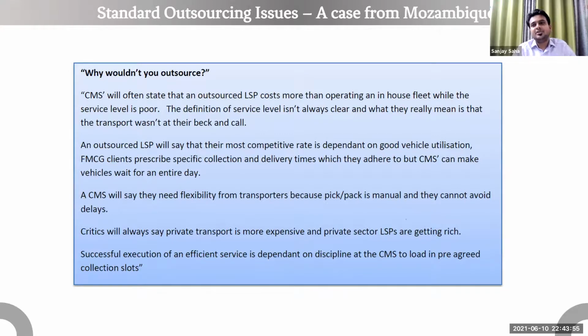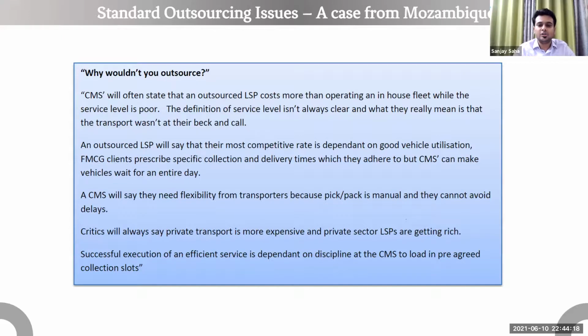Okay, when we talk about discipline, again we talk about those agreed KPIs, those agreed service levels. However, those service levels and KPIs are not just for the provider, they're also for the CMS or the authority who's actually managing that vendor, because their work depends on you as well.